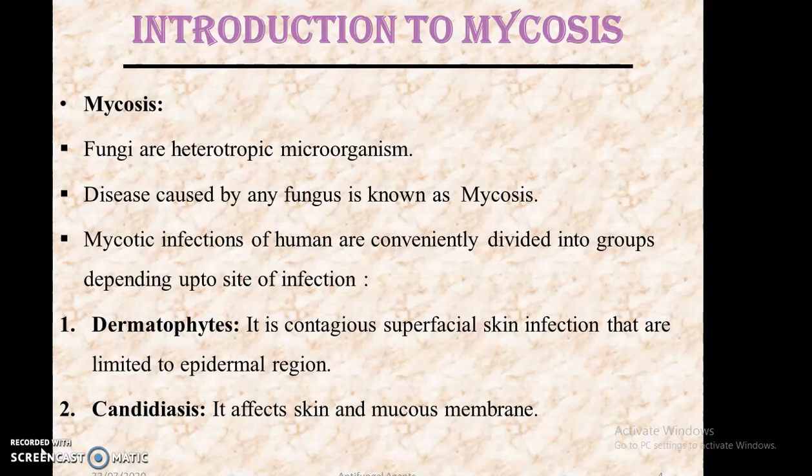When fungus grows on a human body, it causes itching, irritation, reddening of the skin, and a few other symptoms. This fungal infection is also communicable. The infection which is caused by the fungus is known as mycosis.